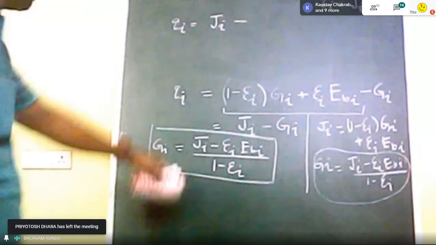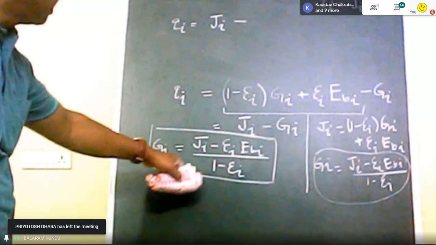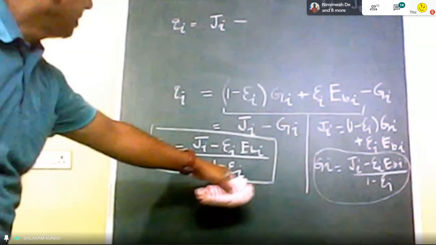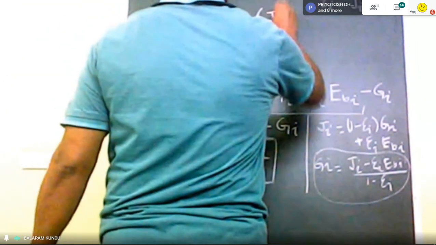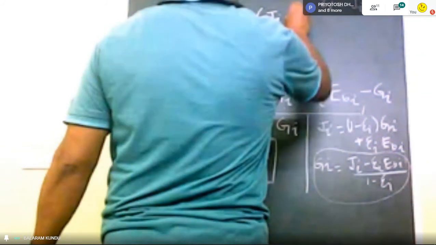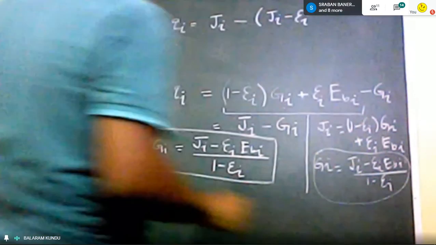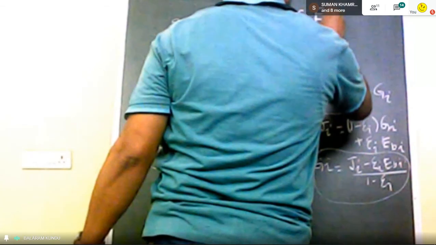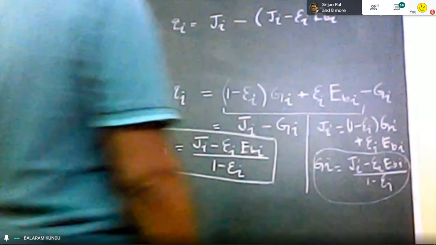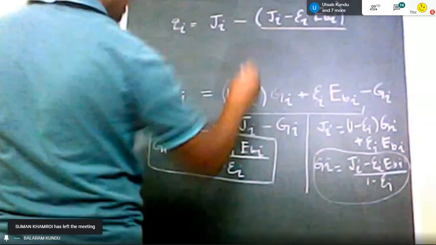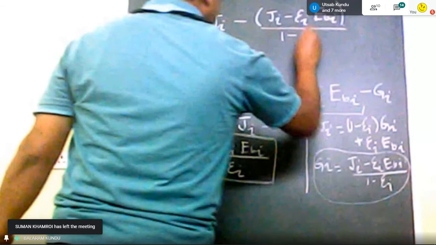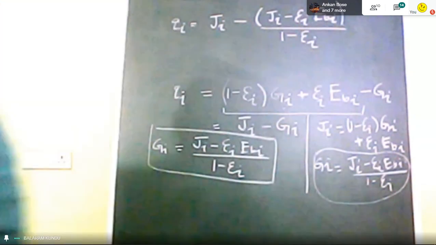Gi means this expression, so it will be Ji minus, Ji minus epsilon i into Ebi, the emissive power of a black body at surface i, whole divided by 1 minus epsilon i.